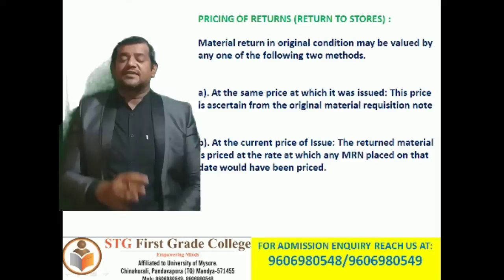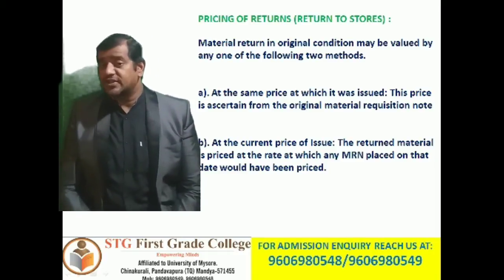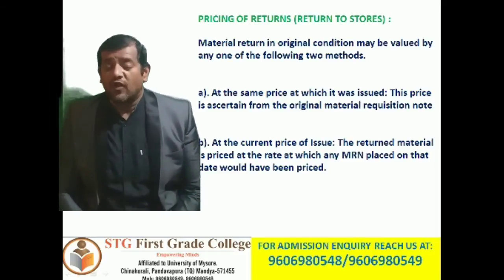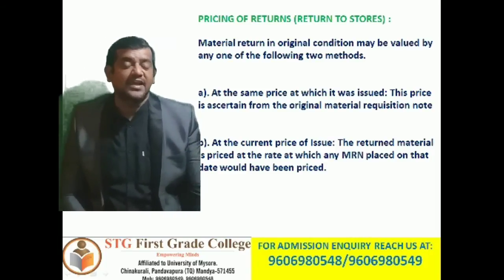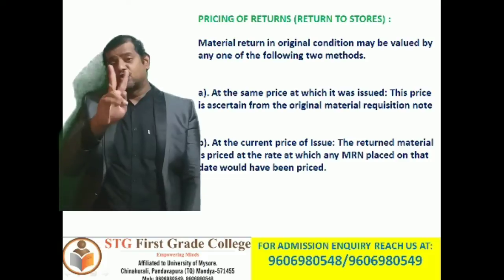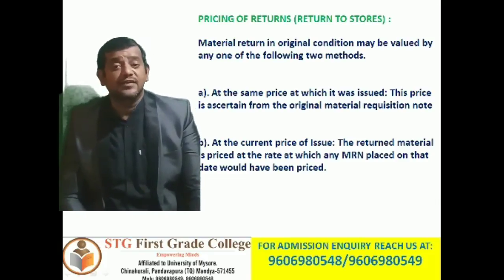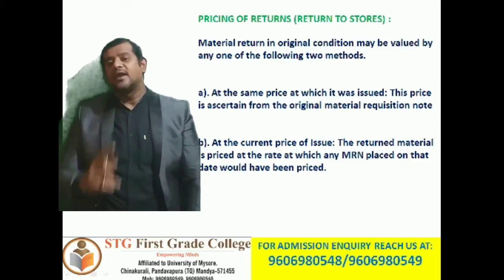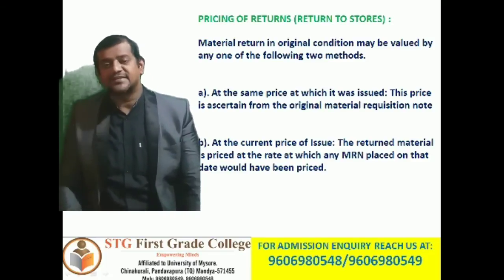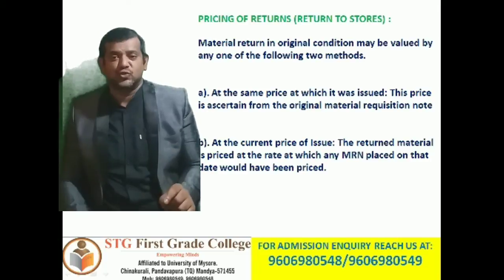Under this, material returned in original condition may be valued by any one of the following two methods. That means there are two methods of valuing the returned material to the stores. Number 1, at the same price at which it was issued.